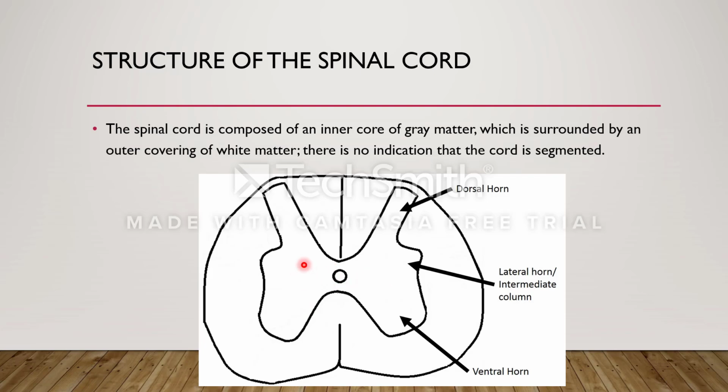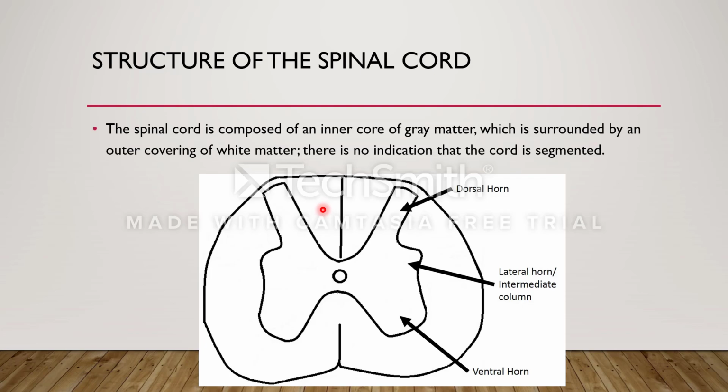Grey matter consists of nuclei in the CNS, and outside the CNS, it consists of ganglia. So if the cell bodies are collected inside the CNS, they are named as nuclei, and if they are collected outside the CNS, then they are named as ganglia. But both nuclei and ganglia are collections of cell bodies and they form the grey matter.